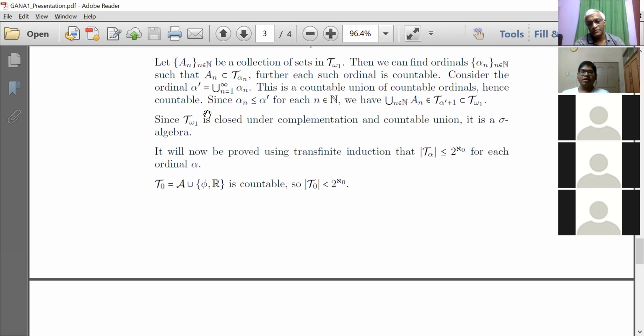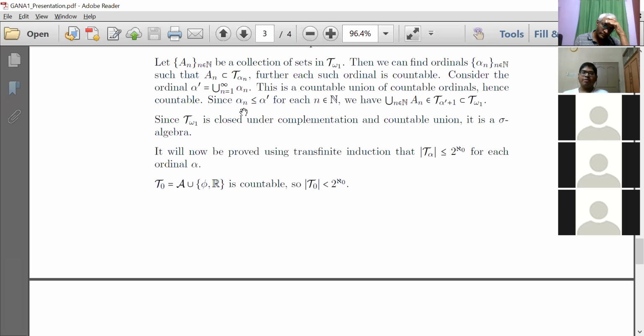So consider the ordinal that is the union of all these alpha n's. We recall that the ordinal alpha n is a countable set. So accordingly, alpha prime, defined as the union of these ordinals, must be countable, as it is a countable union of countable ordinals.